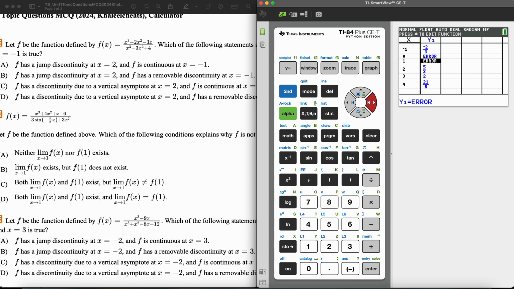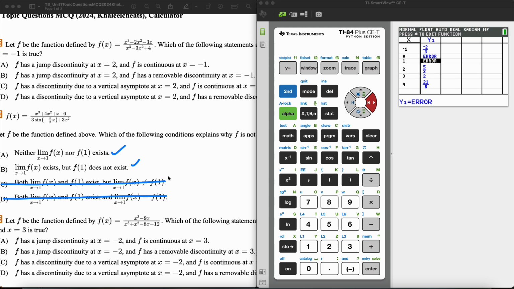So basically A is possible, and B is possible, but C is going to be wrong and D is going to be wrong. F does not exist at 1 because of that error.